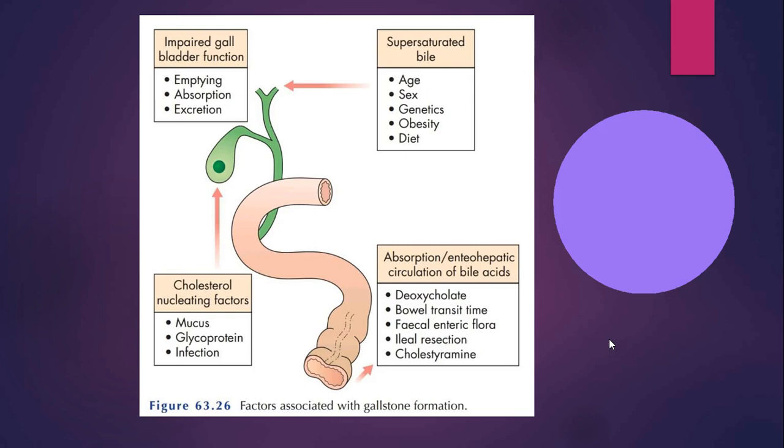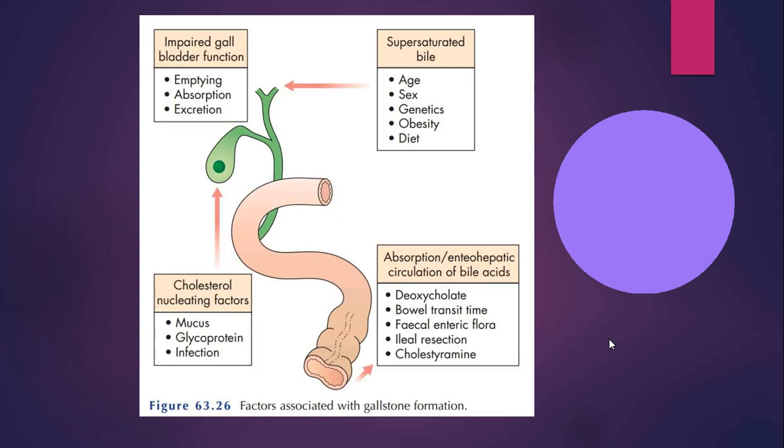Now, this slide is showing factors associated with gallstone formation. There is an impaired gallbladder function. It means the gallbladder is unable to empty properly, or there are absorption or excretion problems. Supersaturated bile, related to age, sex, genetics, obesity, diet, means bile is containing more cholesterol.